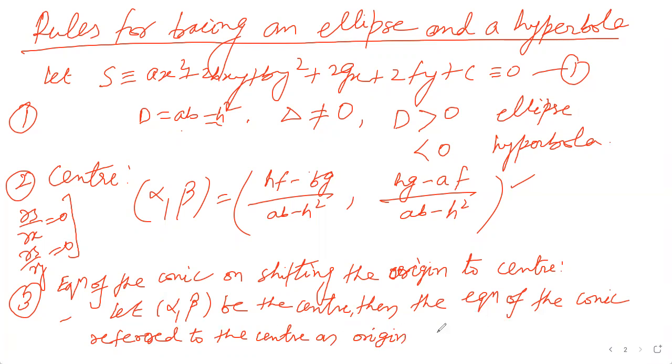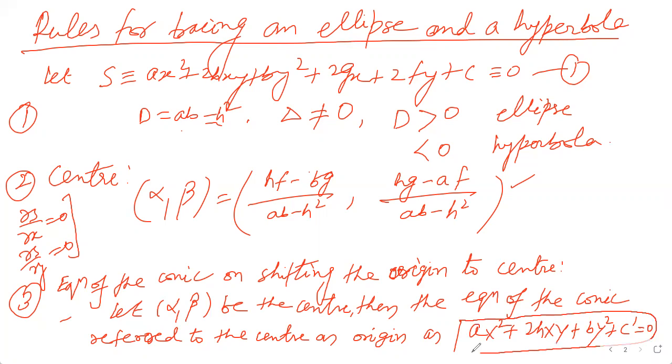Suppose it is your ax square plus 2hxy plus by square plus c dash is equal to 0. Suppose this is the equation after shifting center to the origin. It is equation number 2.